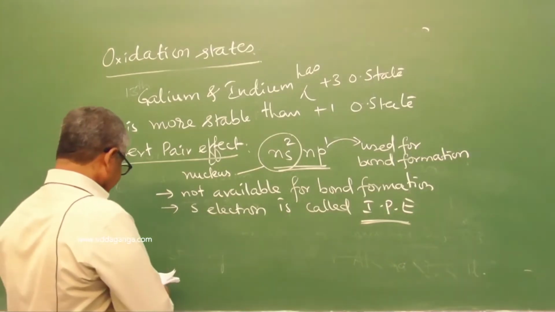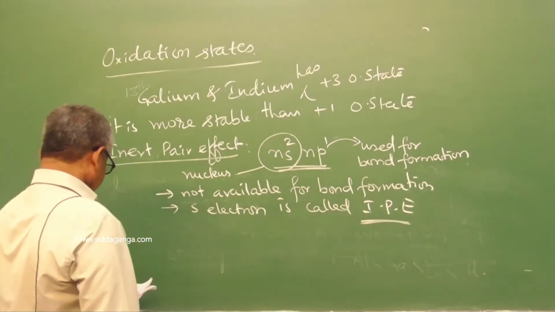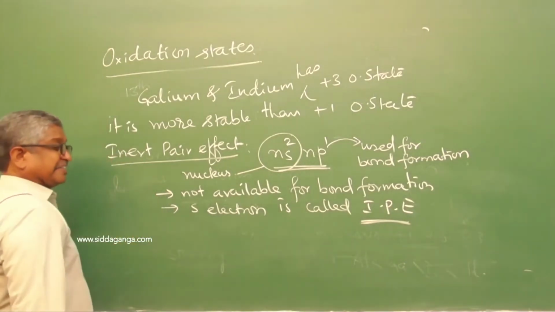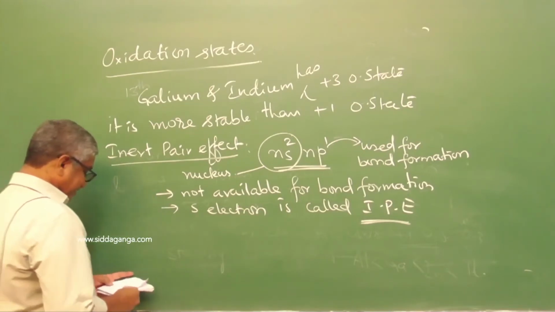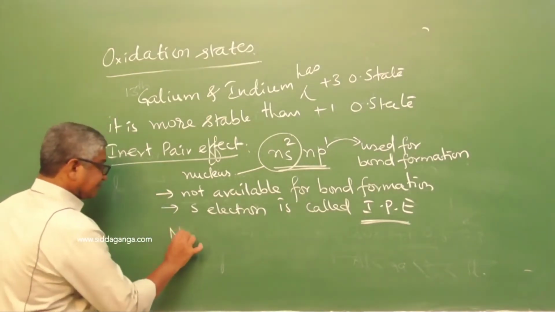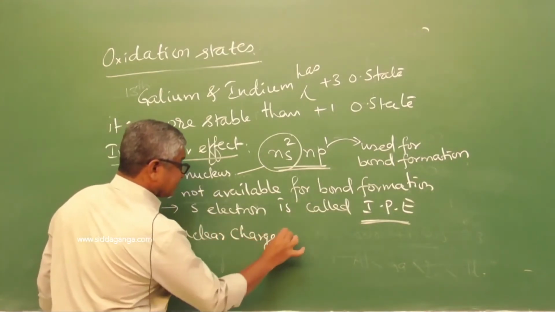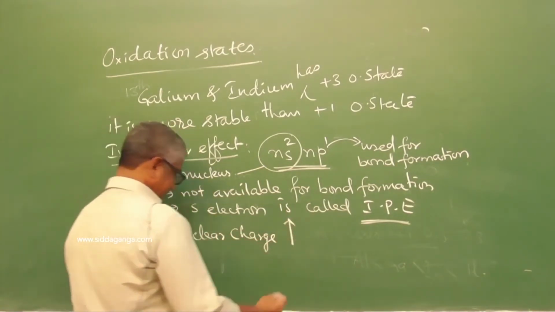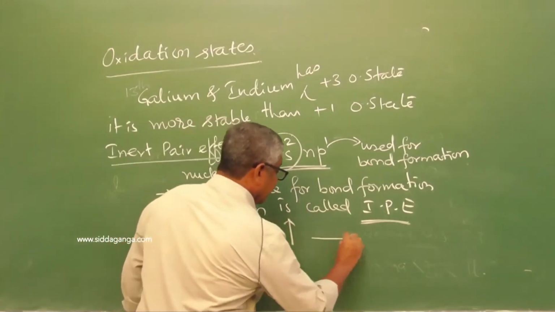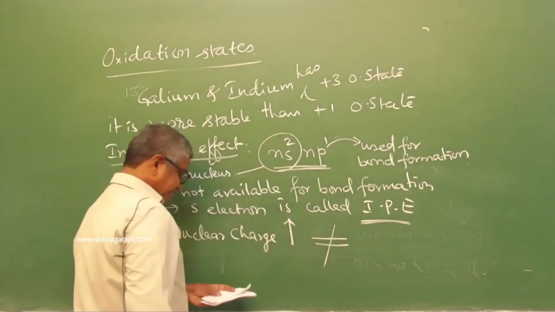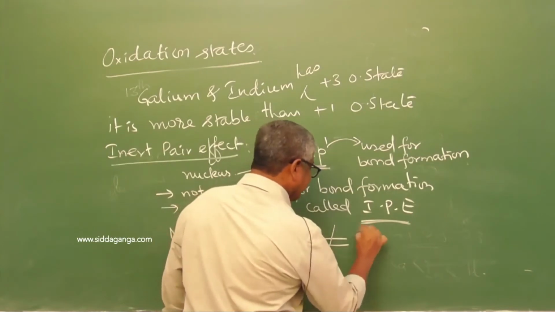So why is it there? The nuclear charge increases, but it is not equalized by the increase in distance.